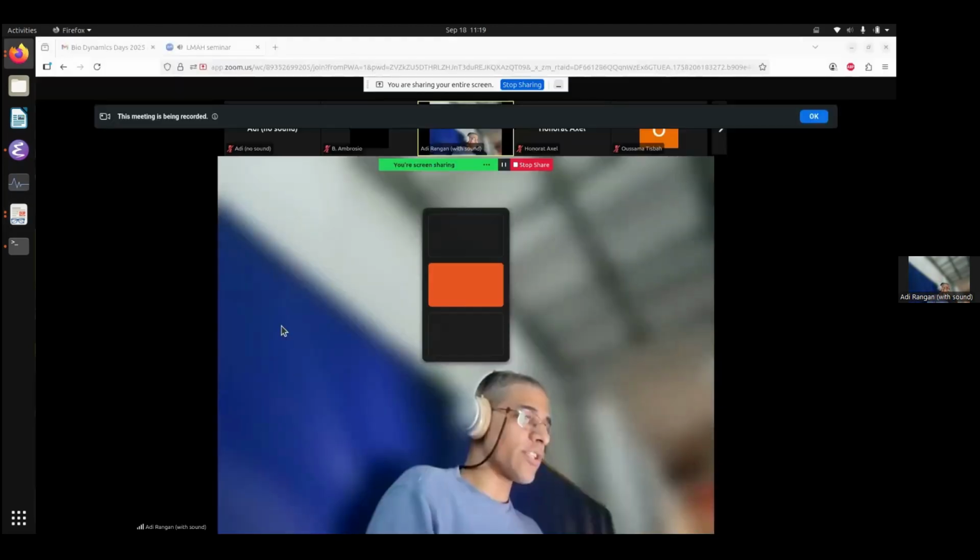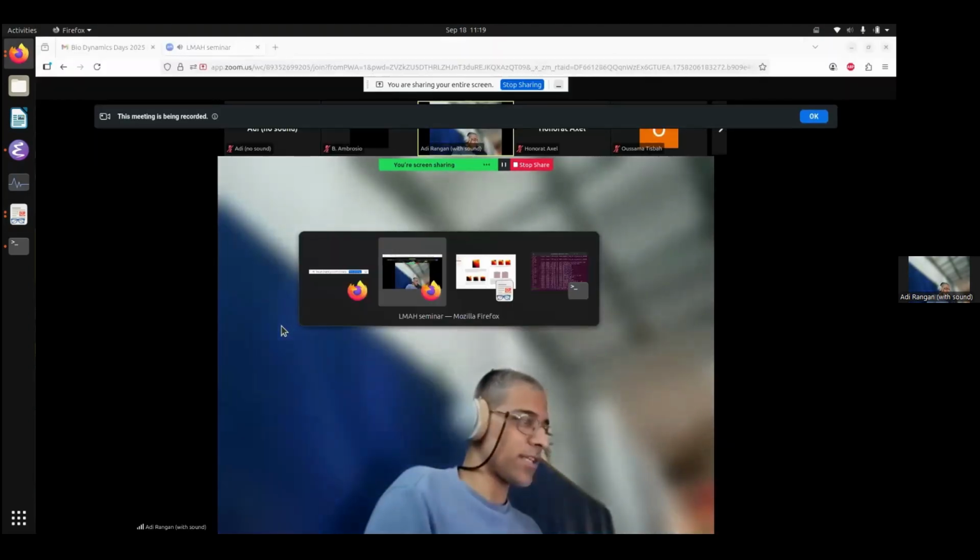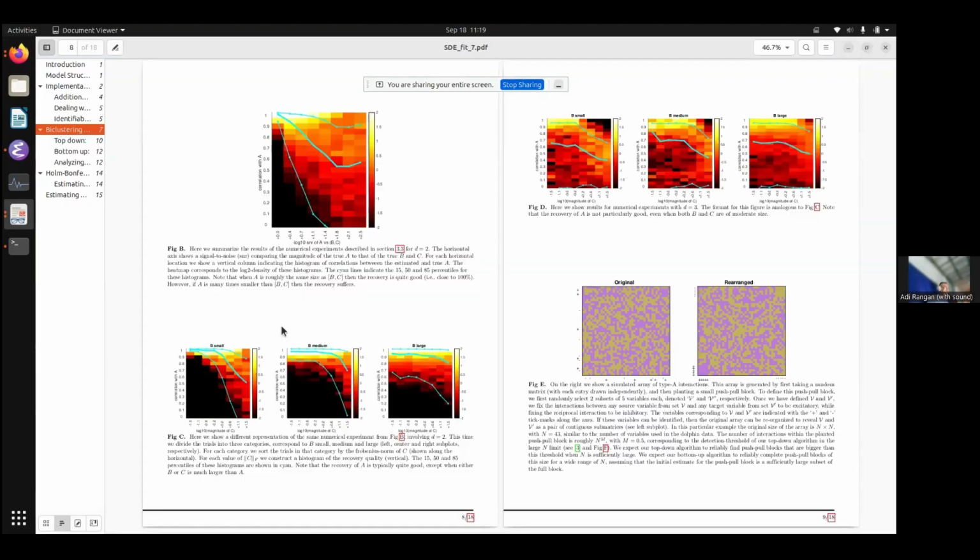I'm not going to go into the details, but you can check this out in the supplementary information of the related paper. The basic summary, the TLDR here, is that given the amount of data that we had for the dolphins involved, which was several thousand measurements, and looking at the time increment distribution and the number of different measurements we had, I tried to do a power analysis, and I concluded that we could pretty reliably back out the OU process for a pair of biomarkers.